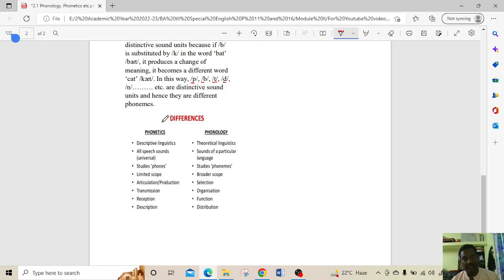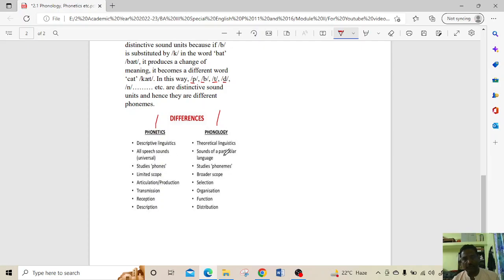Also you see here the difference between phonetics and phonology. Phonetics is descriptive linguistics, phonology is theoretical linguistics. Phonetics deals with all speech sounds used in languages across the world, so it is kind of universal.